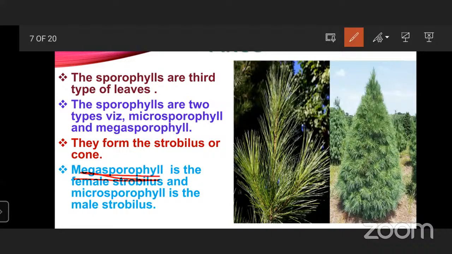Megasporophylls aggregate together to form the female cone or female strobilus. Microsporophylls aggregate to form the male cone or male strobilus.